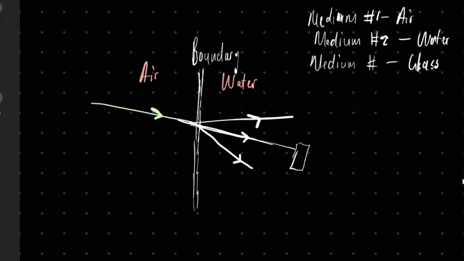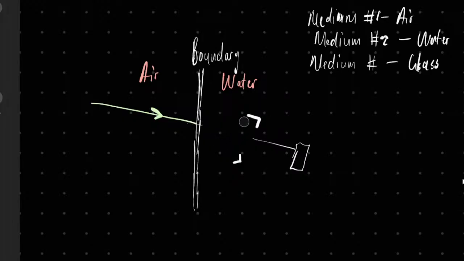So if something is dense in waves, it has a high refractive index. I'm already teaching you refraction, but it doesn't matter. If something has a high refractive index, it will slow down light more. So if something is going into a more dense medium, it is going to bend.